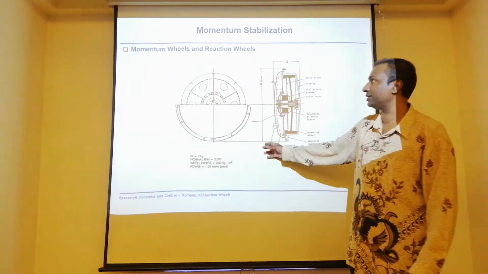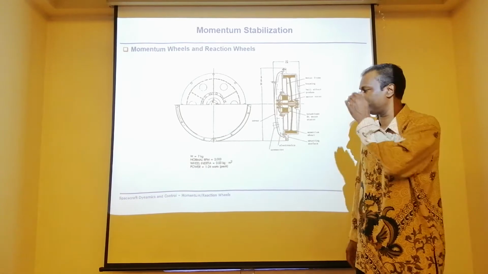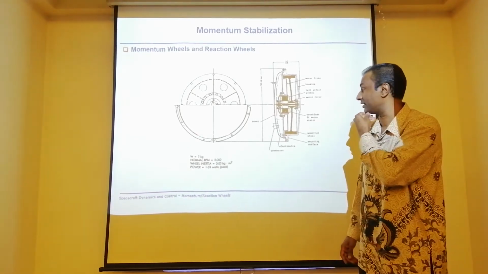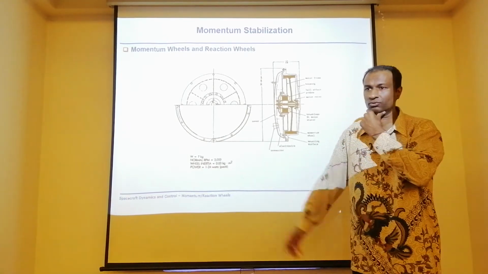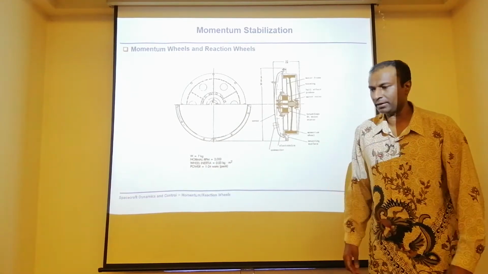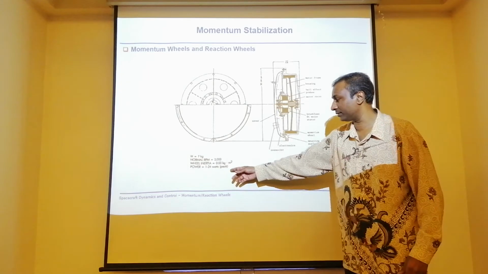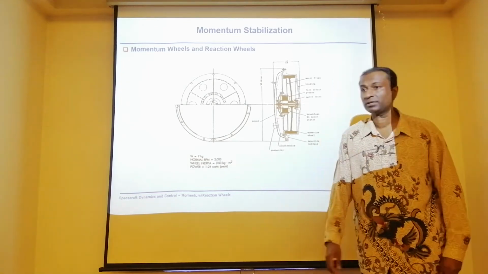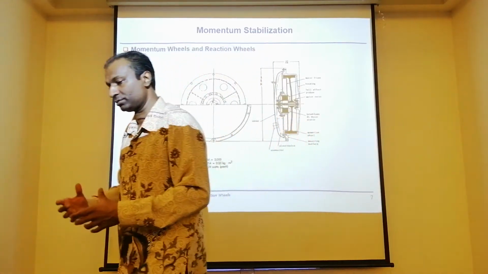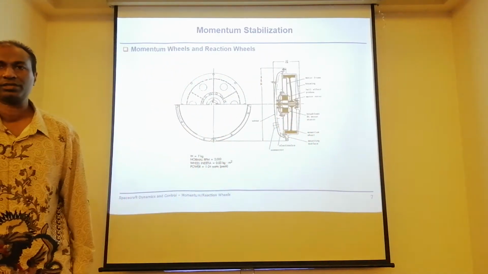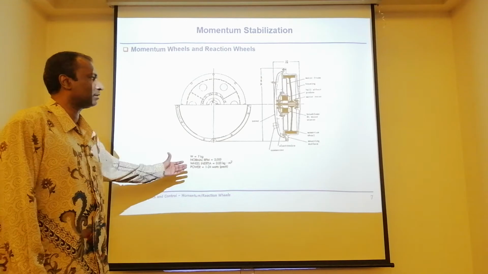Whatever you see here is from Talbix, who have a list of wheels. A typical one is about 7 kilos, quite a huge one, with a rotation of about 2000 RPM. Can you imagine 2000 rotations per minute at 7 kilos? It produces a good amount of angular momentum.